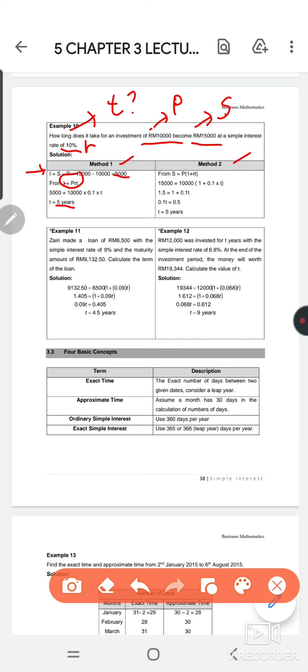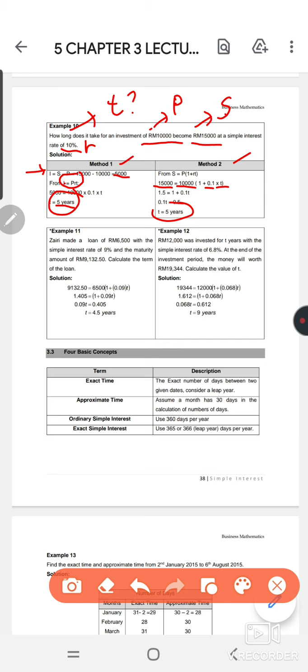Okay, method 2 sama juga tadi. Guna formula yang kedua, direct dapat S is 15,000, your P is 10,000, 1 plus your R is 0.1 multiply by T. So bila awak solvekan, awak akan dapat nilai yang sama. So awak boleh guna either method 1 or method 2.